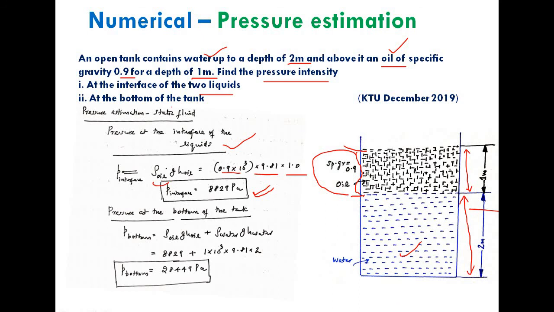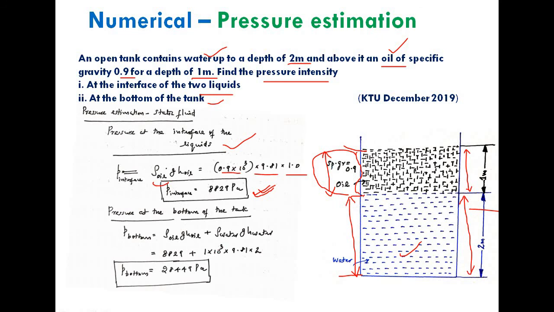Second part. What is the second part? Pressure intensity at the bottom of the tank. That means the pressure intensity here. So pressure due to this height column of water plus pressure due to this height column of oil. Pressure due to the oil column is this 8829. What is the pressure due to the water column?